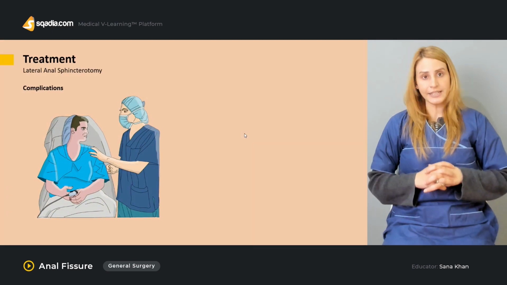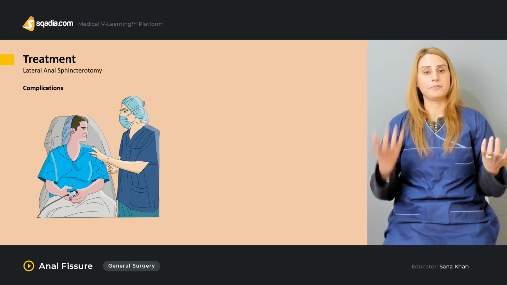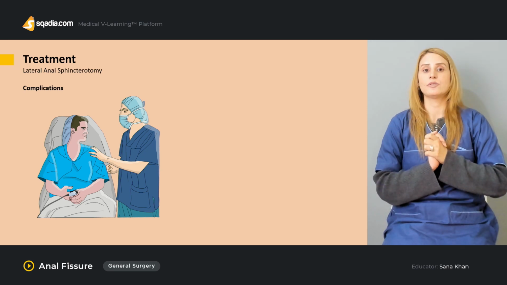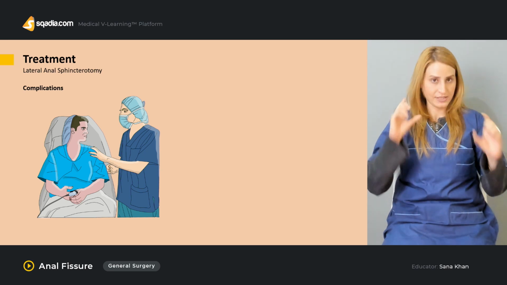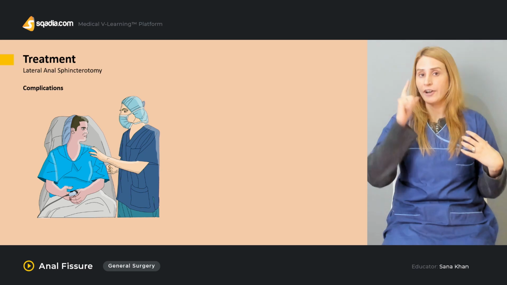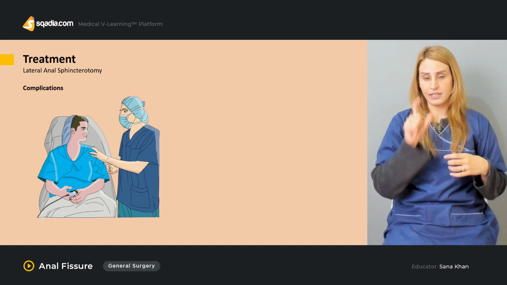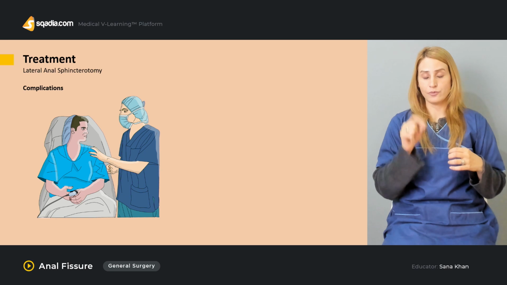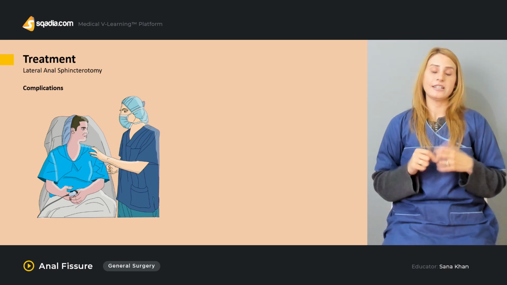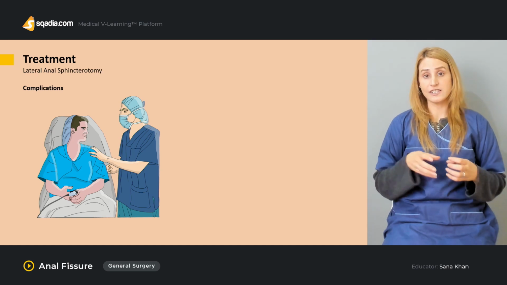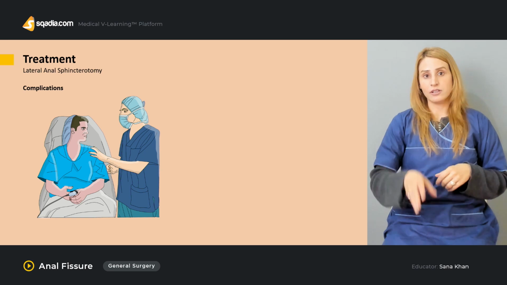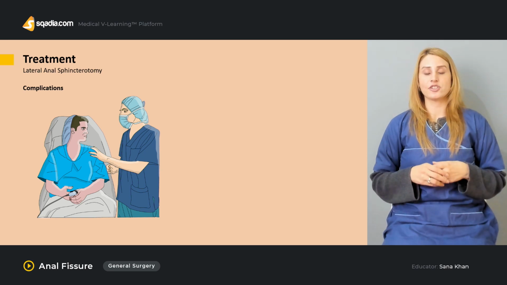Now, I hope you are familiar with the open technique and the closed technique. The principles remain the same; the only difference is the visualization. If you're directly visualizing the internal anal sphincter and doing the division under direct vision, this is the open technique, because you split the whole of the mucosa, went all the way, and created a dissection plane.